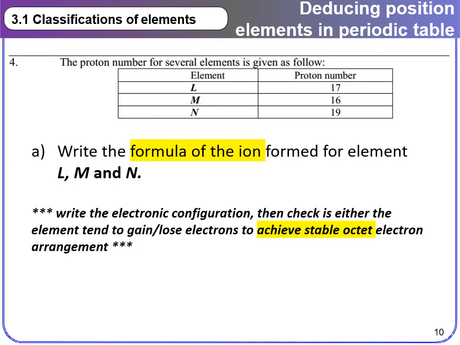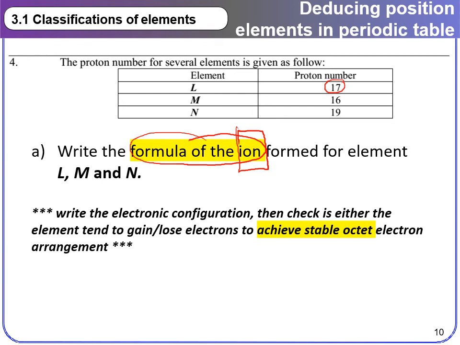Question number 4. Write the formula of the ion. Reminder, this question wants us to give the formula of the ion form for the elements L, M, and N. This time they give us the proton number, so we can write the electron configuration.